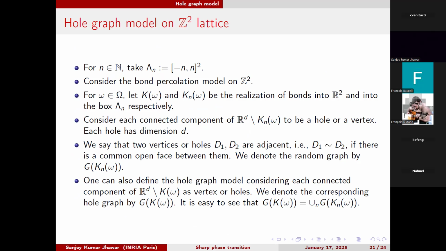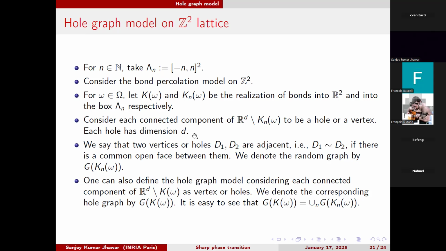Let's say you take a realization of the bond percolation model on the Z^2 lattice, and you take the entire Euclidean space, let's say for now R^2, and remove all the edges that you get in this realization. This will divide the entire Euclidean space into connected components, which may not be convex sets.